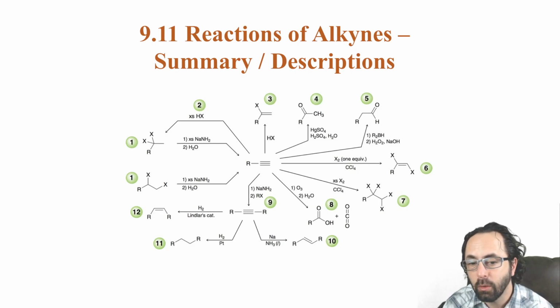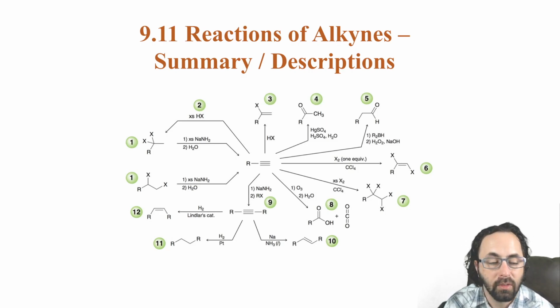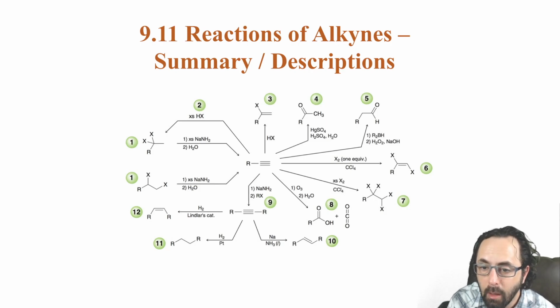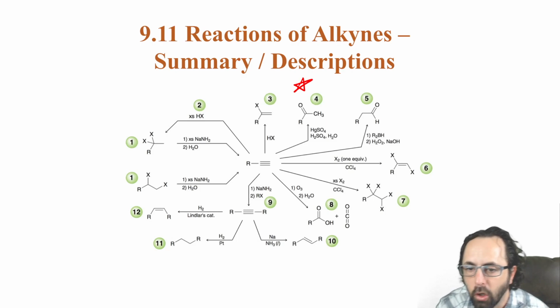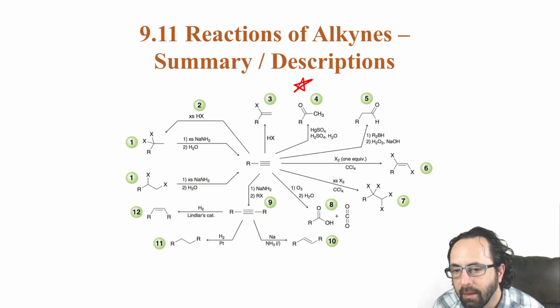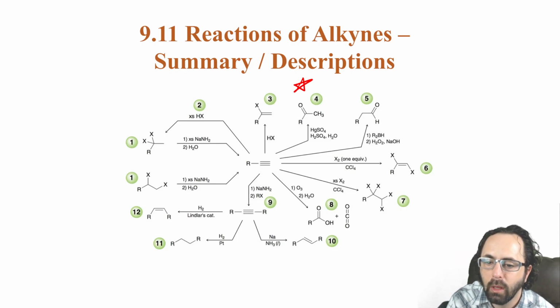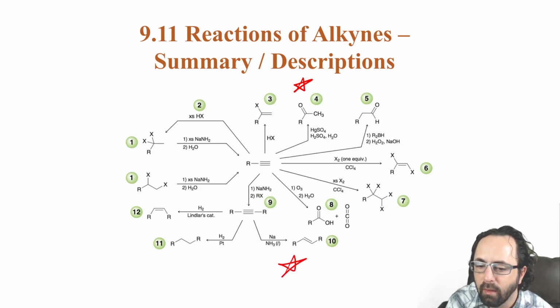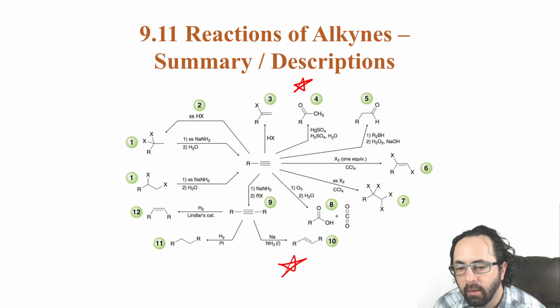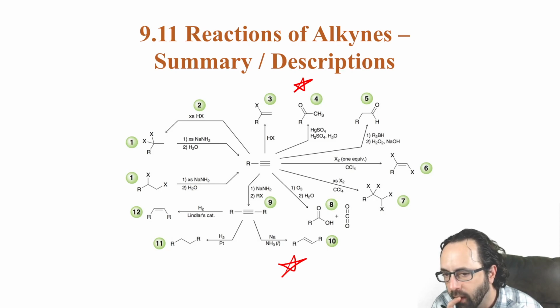We had kind of wishy-washy semi-descriptions of their mechanisms, but the only mechanisms that we saw in detail were the mercury and acid catalyzed hydration here, which ultimately produced, remember, not an alcohol, but instead a carbonyl because of the keto-enol tautomerism. And we also discussed in some detail this sodium reaction right here, the dissolved sodium reduction, right?